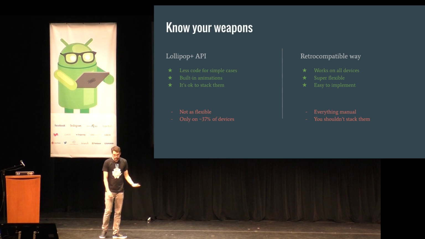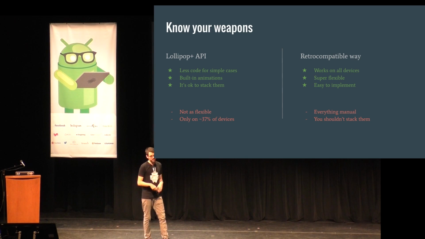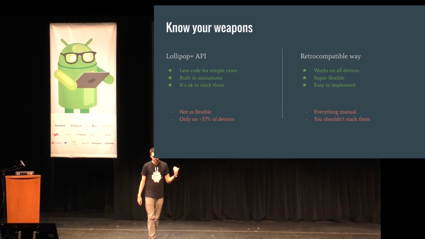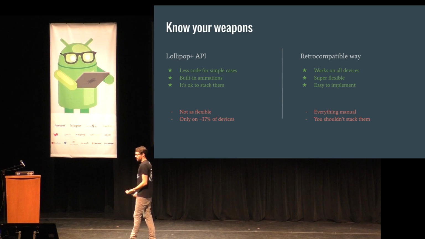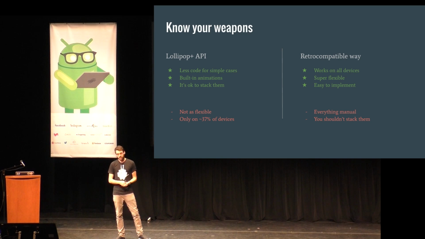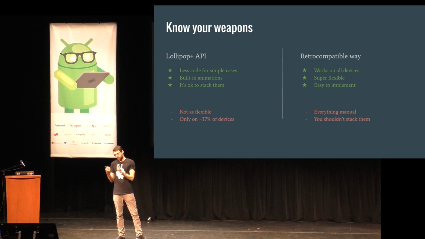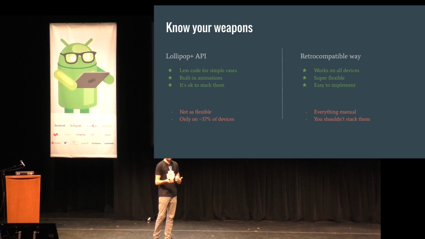On the other hand, the retrocompatible way, if you're up for it, if you understand the consequences of that translucent activity flag, and you don't stack them too heavy, you can make all of your users enjoy these nice transitions, and it's very straightforward to implement. It's very flexible because you're in your activity, you have full control, you do everything you want, but of course it's manual. So if you want to add a little touch, you do it yourself.